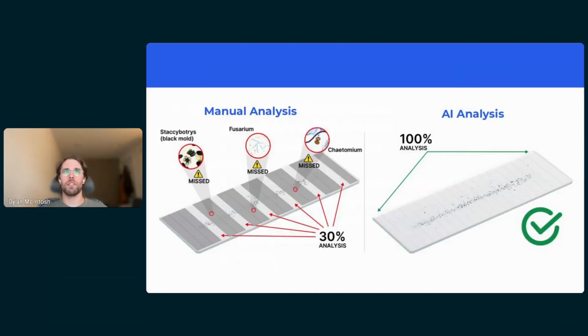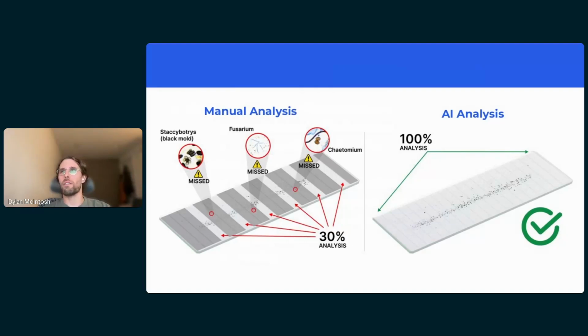And here's a visual representation. On the left, the light colored passes, or as we call them traverses, might be the parts of the slide that get read by the analyst, and they would count and identify the objects in those slices. The one issue is that those slides are not evenly distributed.